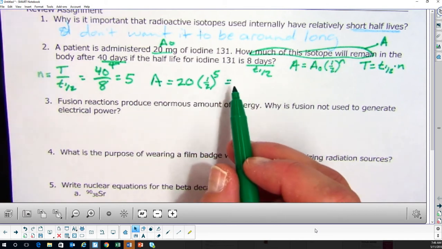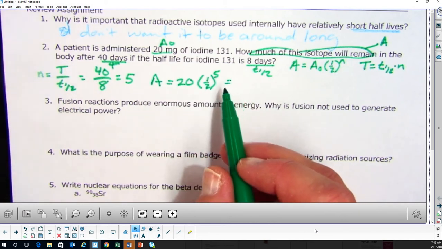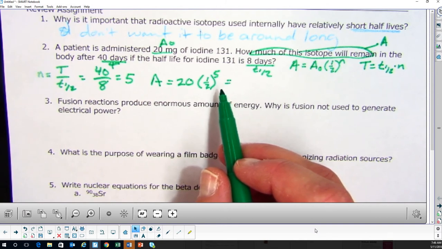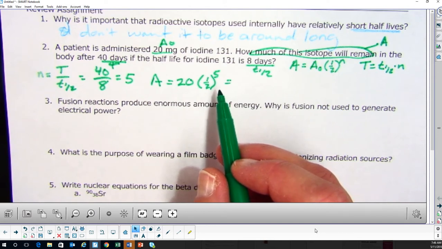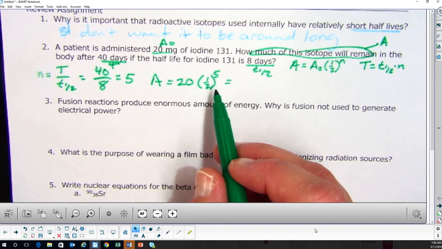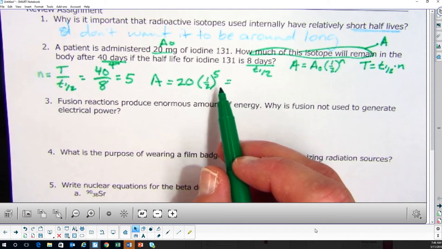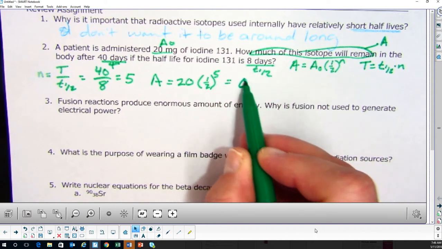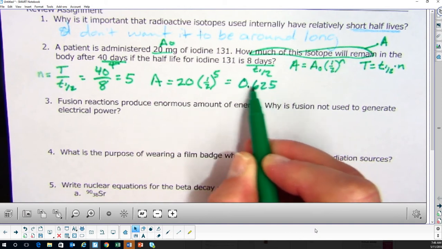So 20 divided by 2 once is 10, divided by 2 again is 5, divided by 2 again is 2.5, divided again by 2 is 1.25, divided again by 2, oh my goodness, 0.625.